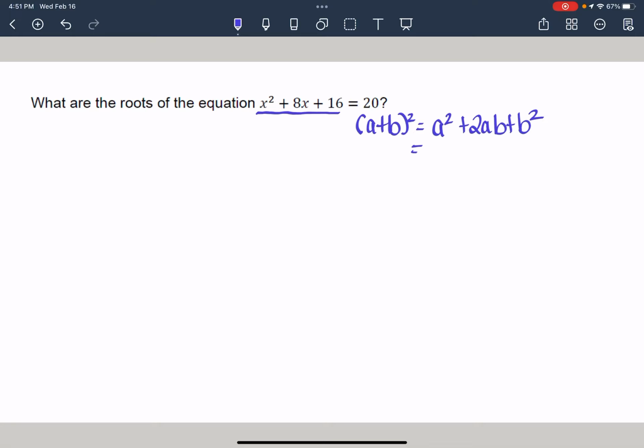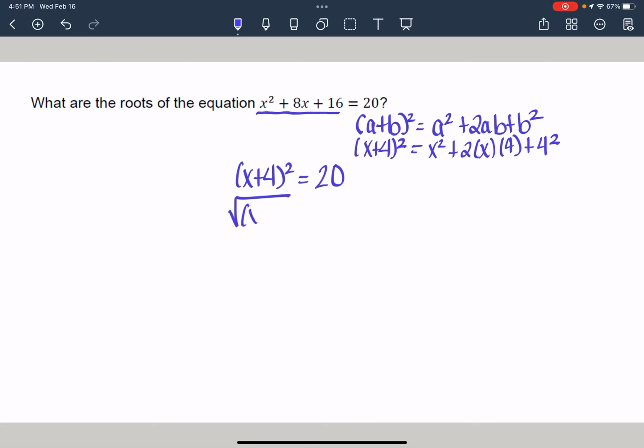So this can be rewritten as x squared plus 2 times x times 4 plus 4 squared, which I can write as (x plus 4) squared. I'm going to plug that into the equation, so that gives me (x plus 4) squared equals 20.